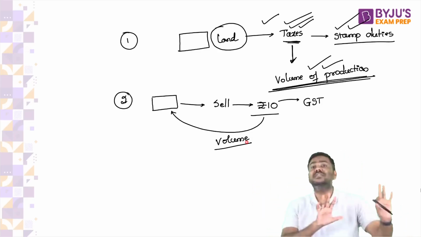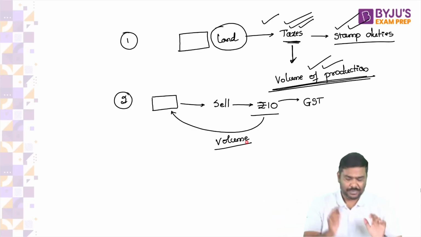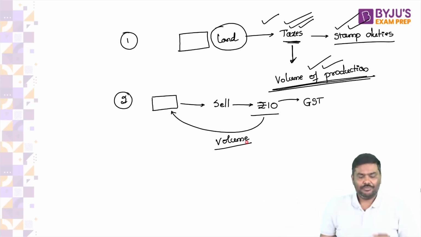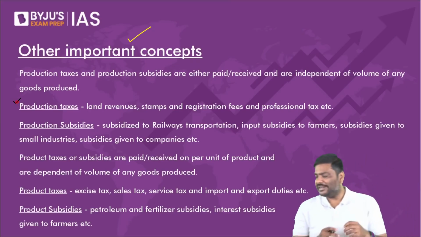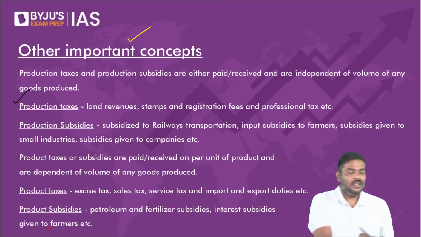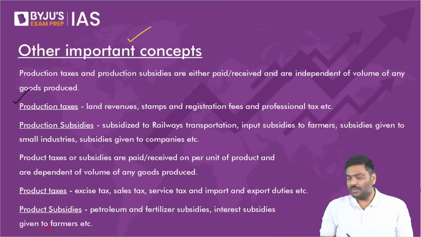Sir, why are you discussing all of this so much? Simple, right? Understand now. Many of you are saying, no, sir, how are taxes accounted? Tell me. Understand. There are certain taxes which are imposed, which are called production taxes.